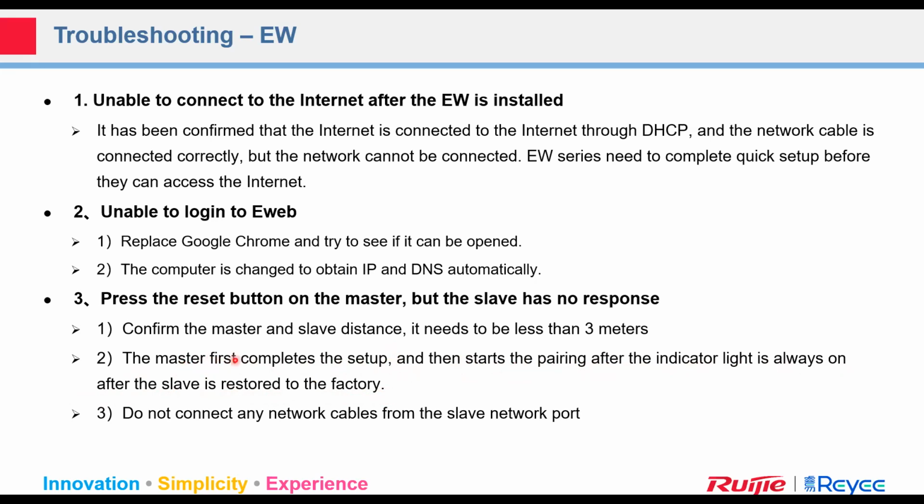So 2 things. First, the master needs to complete the setup. And number 2, the slave needs to be restored. It needs to be factory default. And make sure that you don't connect any cable on the network AP. So this network mesh router, you cannot connect any network port.